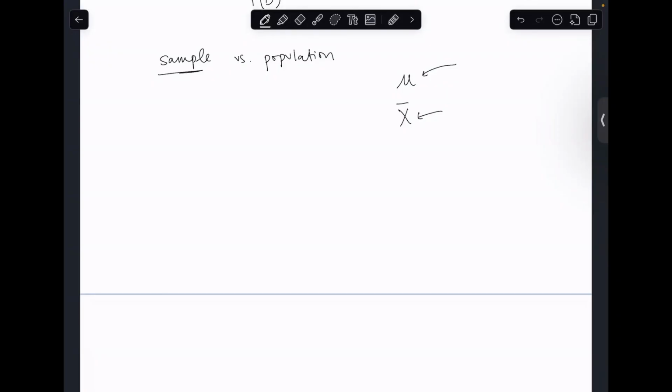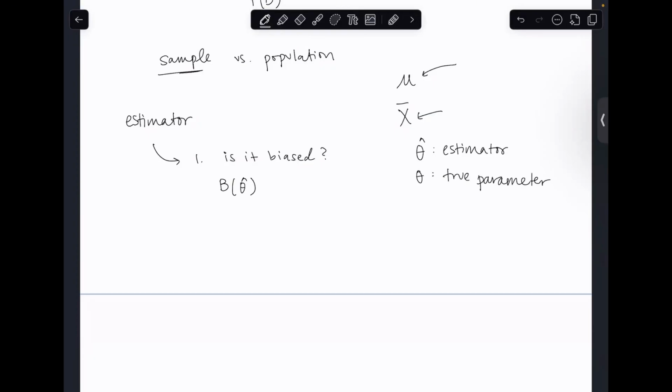If we have an estimator and we want to figure out how good it is, the first question we'll ask is: is it biased? That brings in this bias formula. Let's say theta hat is some estimator and theta is the true population parameter. So theta is a certain constant value.